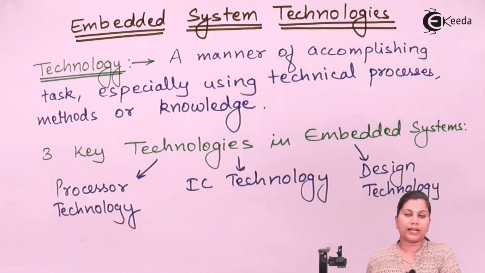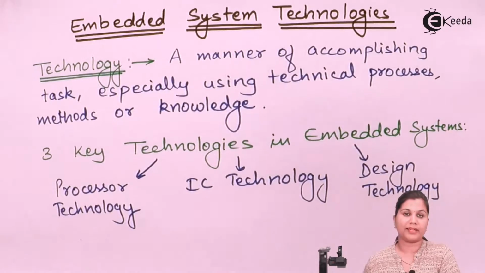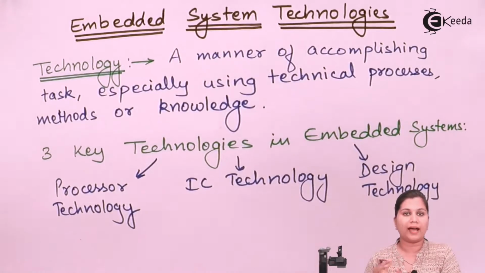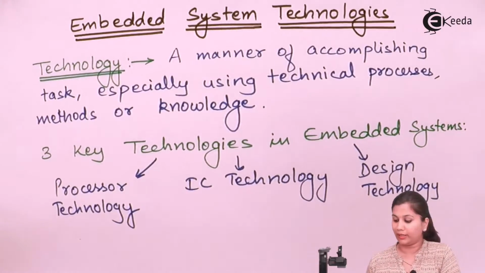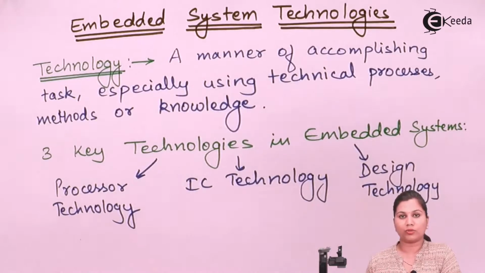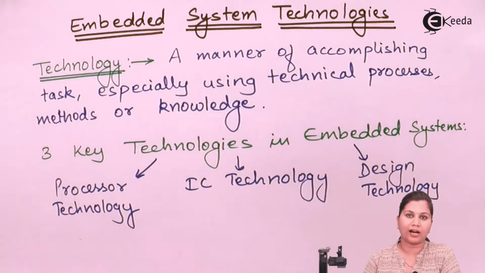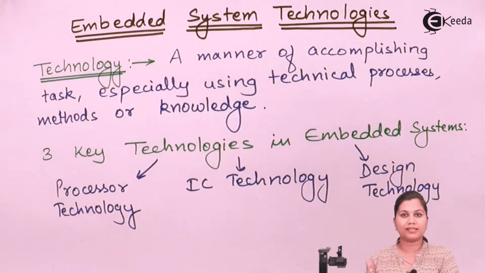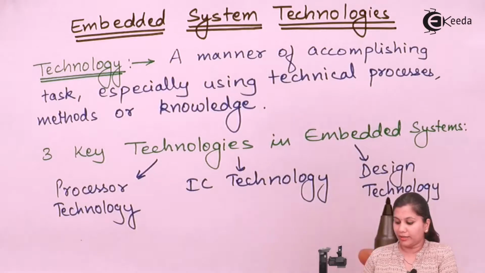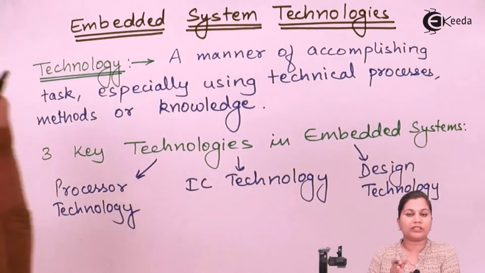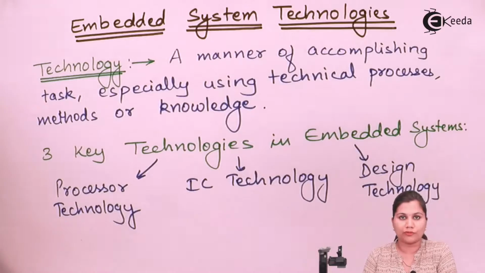Now, as we know, in embedded systems there is a hardware part and a software part. Embedded systems are those systems in which the software is embedded in the hardware, something embedded in another thing. Here in the embedded system we have the hardware part and the software part.